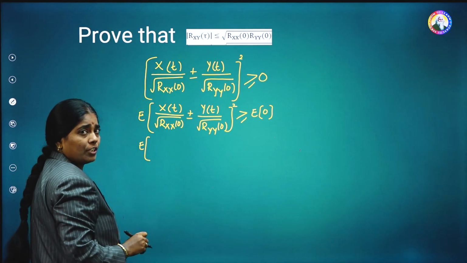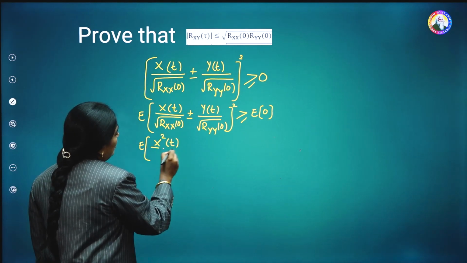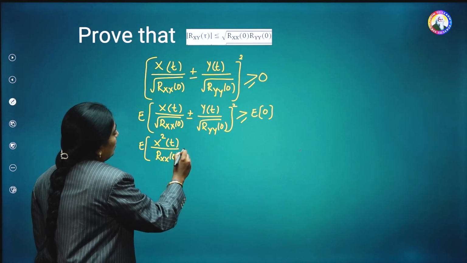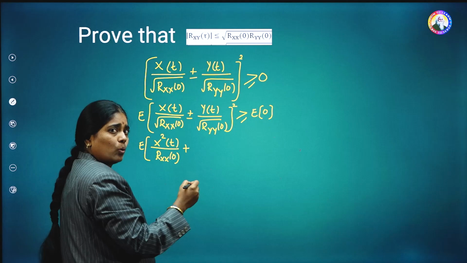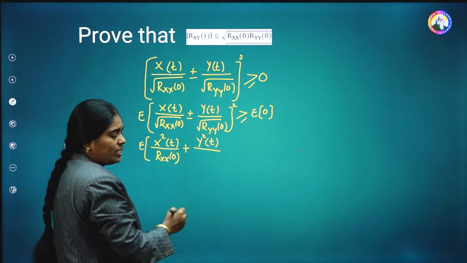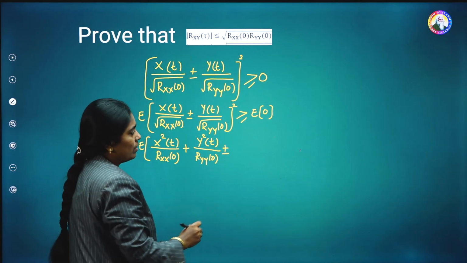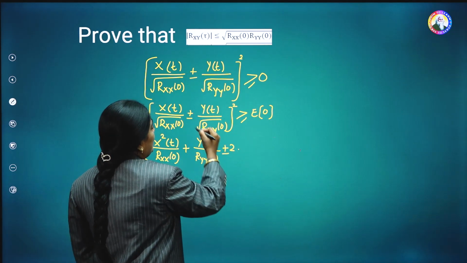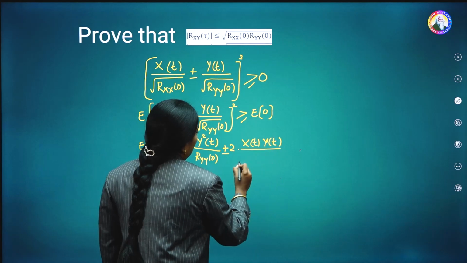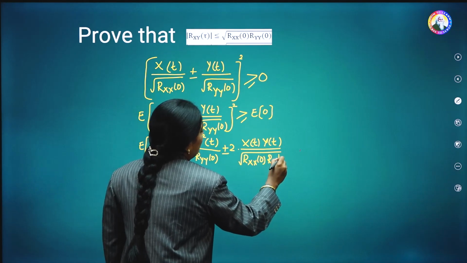Therefore, it is equal to E of x square of t by square root of rxx of 0 whole square, which is rxx of 0, plus y square of t by square root of ryy of 0 whole square, which is ryy of 0, plus or minus 2ab term: 2 into x of t into y of t by square root of rxx of 0 into ryy of 0.